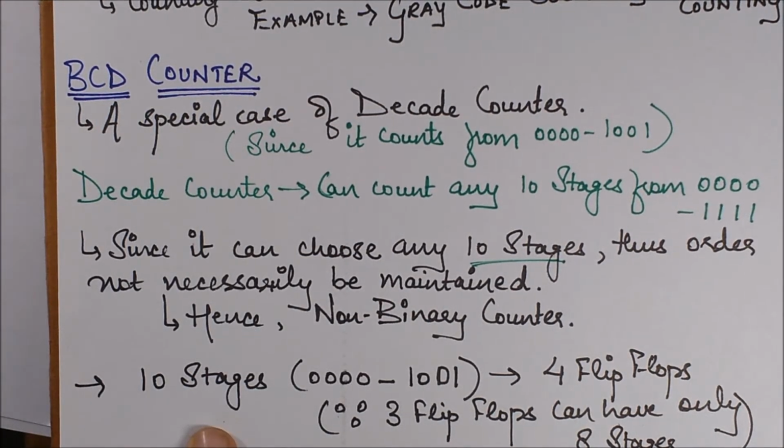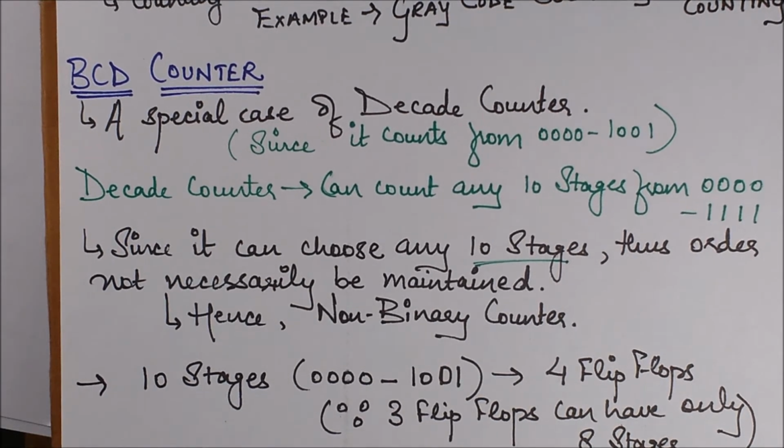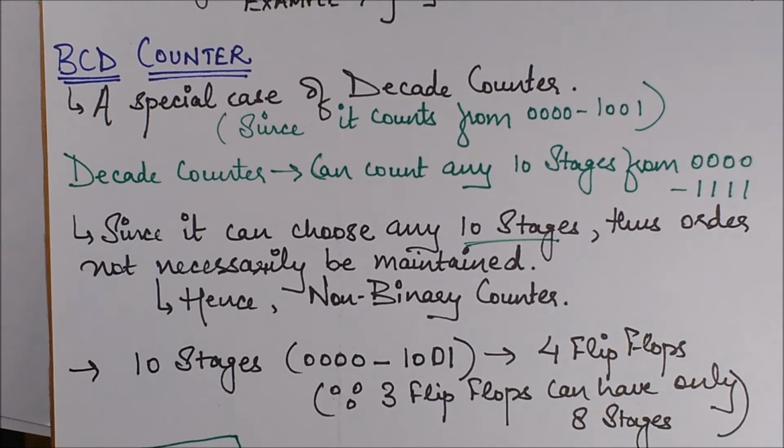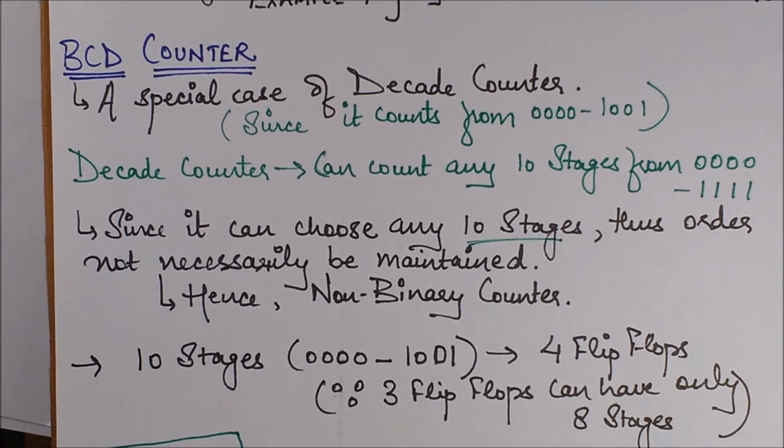So when it has 10 stages, I'll be needing at least 4 flip-flops, because 3 flip-flops will only be able to give me 8 stages, right? 2 to the power 3 is 8. So with 4, I'll be able to get 16 stages, and I'll be utilizing only 10 stages from it. Now which 10 stages? Those 10 stages could be anything. If I use 0 to 9, then it becomes your BCD counter.